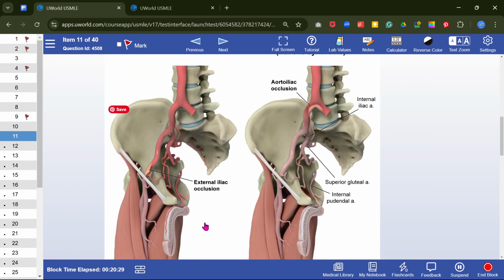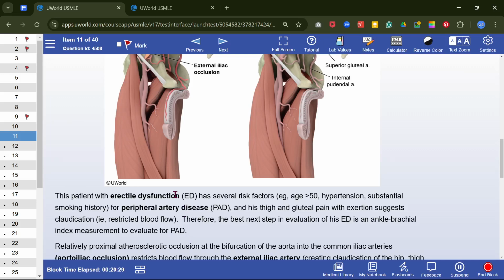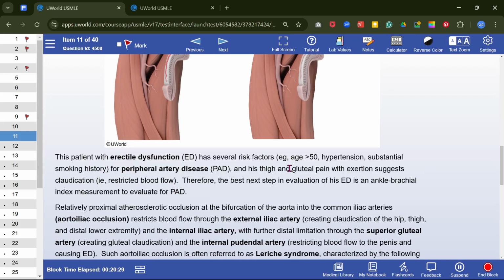So it is the Leriche syndrome. The patient with erectile dysfunction and several risk factors for peripheral arterial disease, age more than 50, hypertension, substantial smoking history, and thigh and gluteal pain with exertion suggest claudication or restricted blood flow.